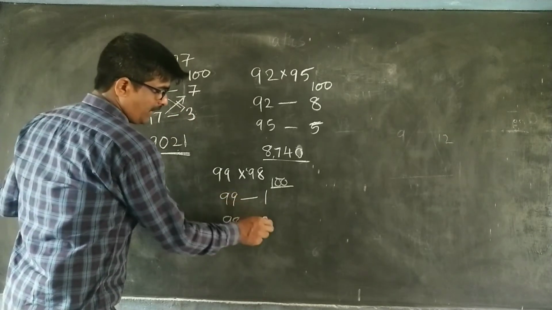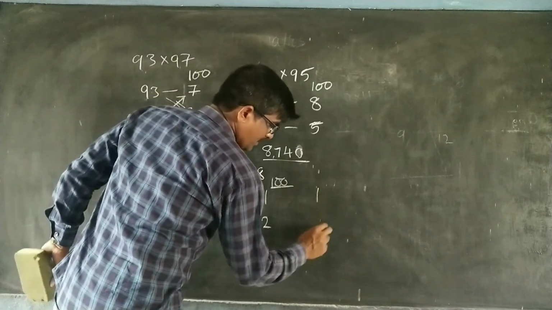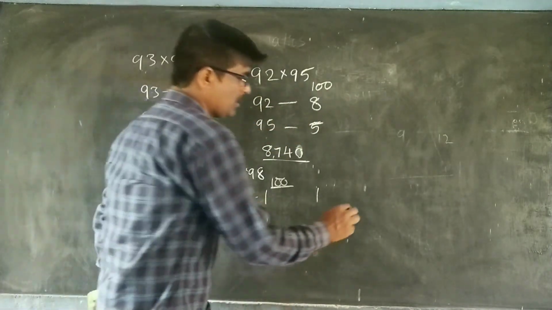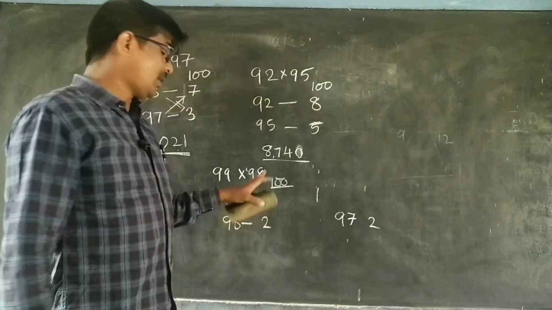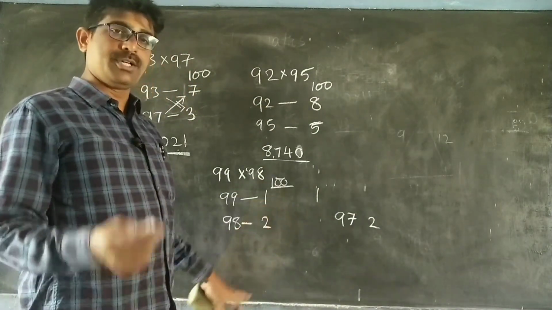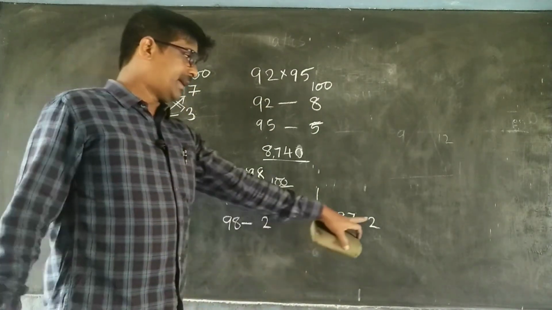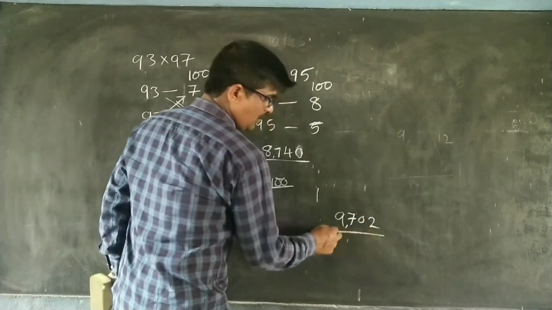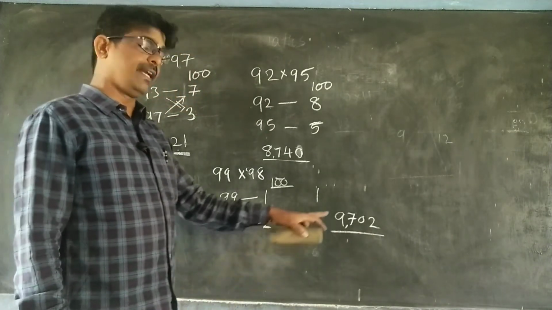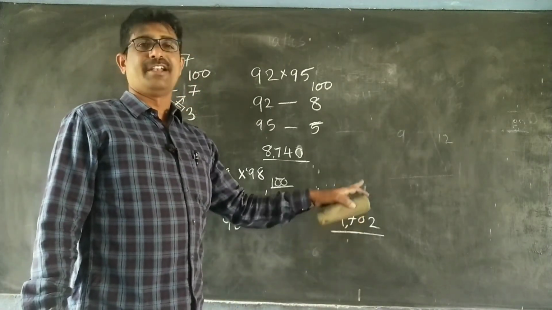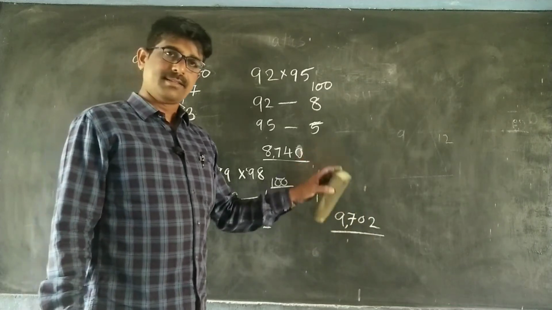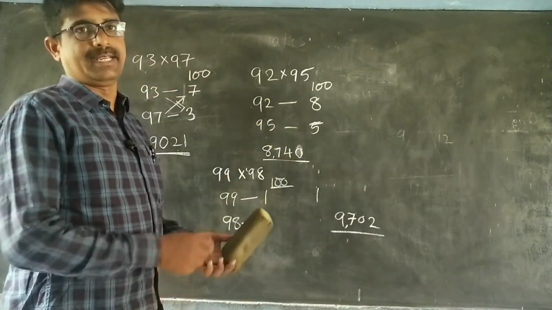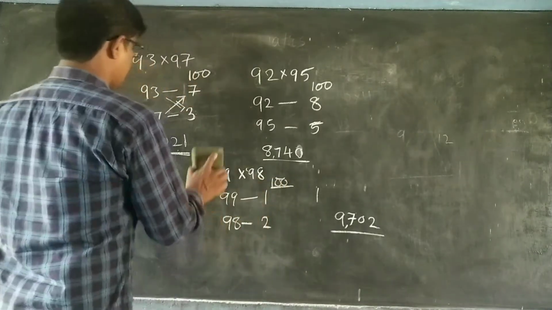So 99 minus 2 is equal to 97. Next, 1 2s are 2. But here, for base 100 we have to take 2 zeros, and since there is only 1 digit, keep 1 zero. That is equal to 9702. This is the base method for numbers nearer to 100.